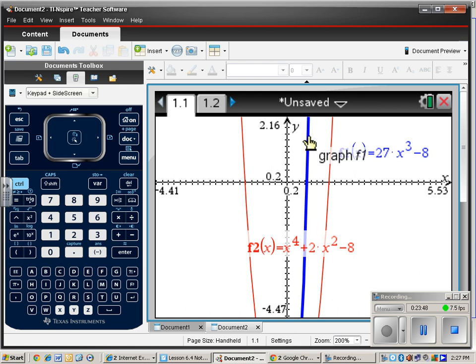That's what we just did, isn't it? Yep. How many answers did we find? 3. How many of them were real? 1. Look where it crosses right here on the x-axis. Yep. So if I graph this, I would find the one real answer, wouldn't I? Yep. But the other 2 imaginary or complex solutions are not there.